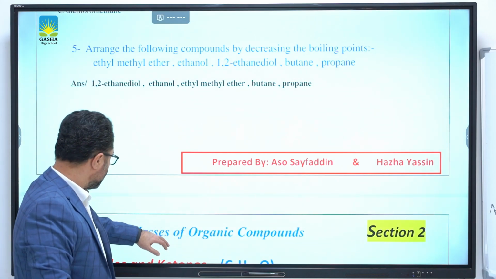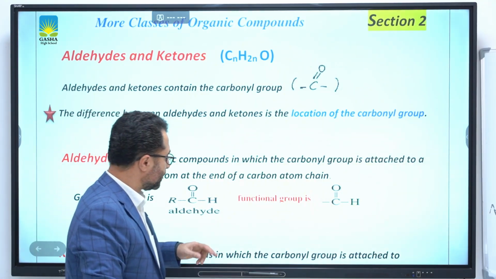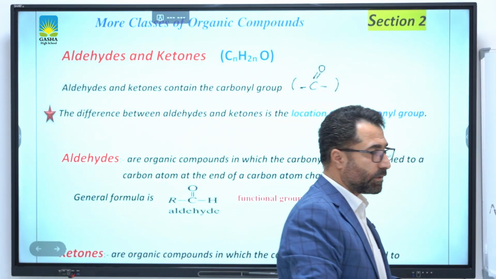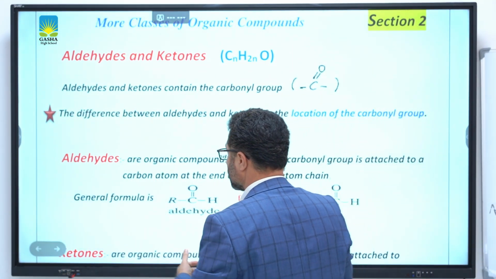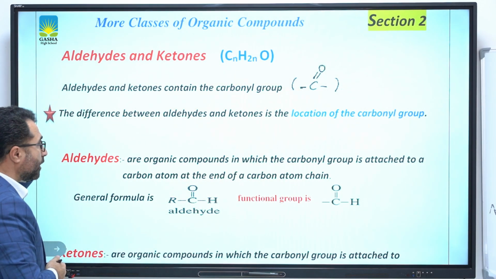Section 2, we have more classes of organic compounds. The first one is aldehydes and ketones. In aldehydes and ketones, we have a new functional group. It's the carbonyl group.